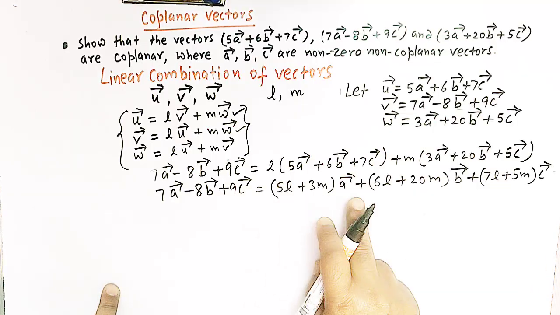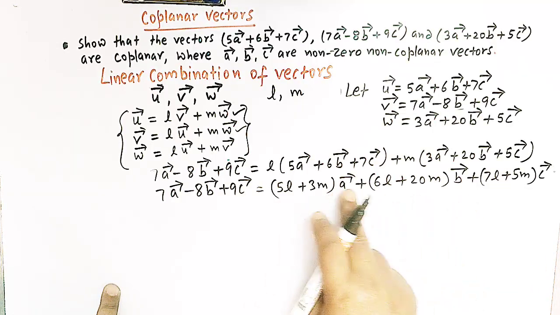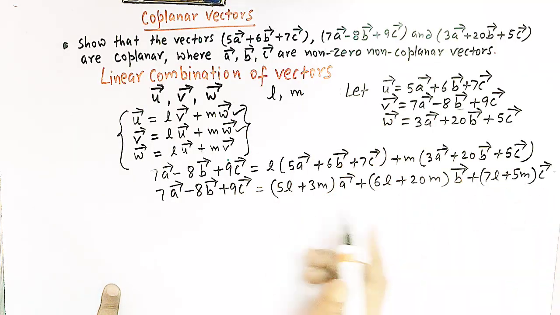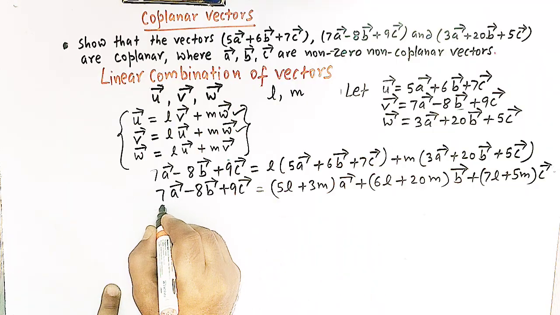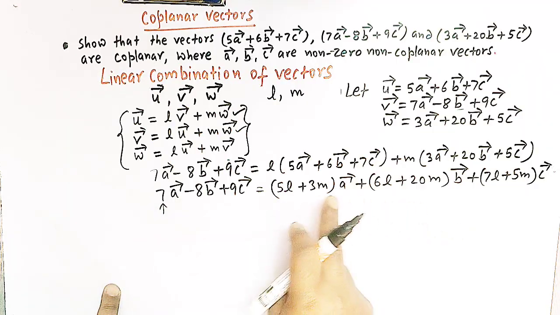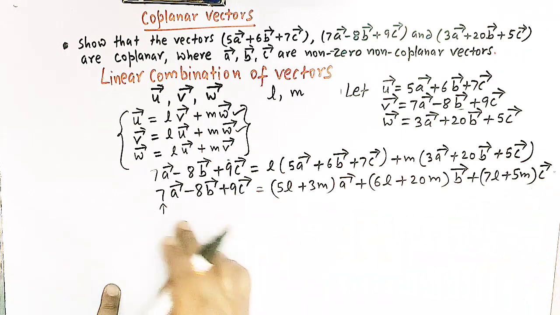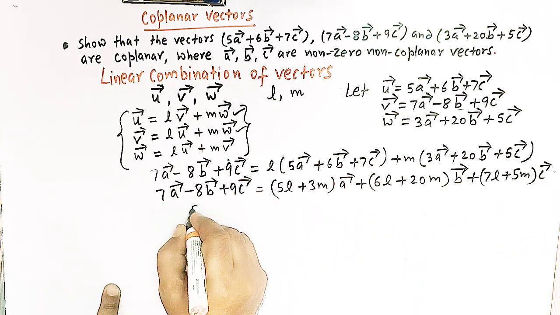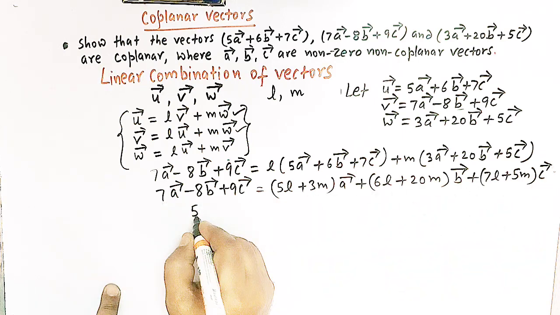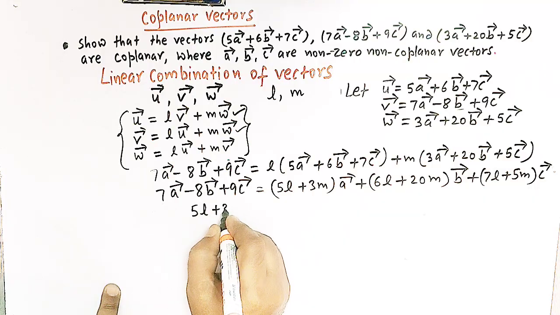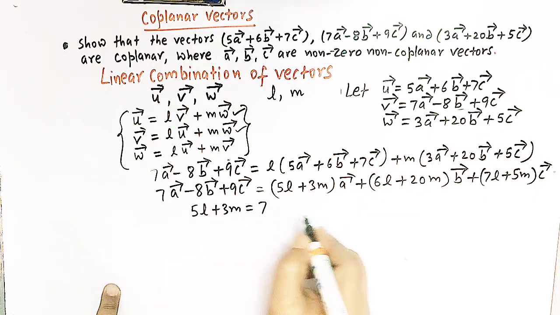So now here we have the coefficients of vector a, vector b and vector c. And if we compare the coefficients of vector a, vector b and vector c on both sides, then we can frame the linear equations as 5L plus 3M is equal to 7.